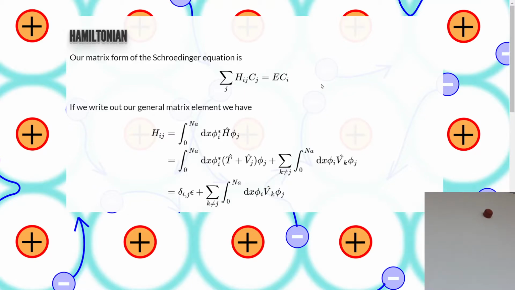We're going to pick out one of the potential energy interactions, the one that matches this right-hand index here. Then the rest of the Hamiltonian is the interaction with all the nuclei which aren't the one we picked out.